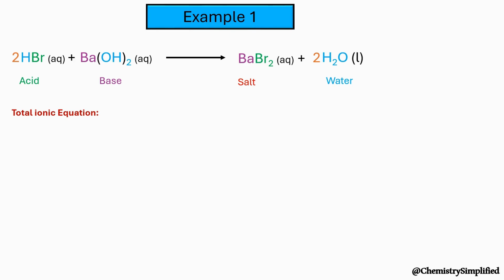So let's get the total ionic equation where we'll break down everything. Since hydrobromic acid is a strong acid, we expect it to dissociate or ionize completely. Same thing for barium hydroxide, it is a strong base, it will ionize completely.